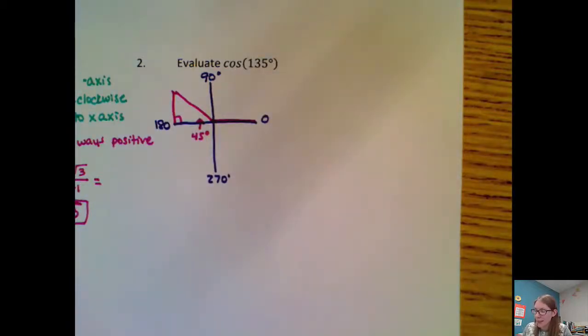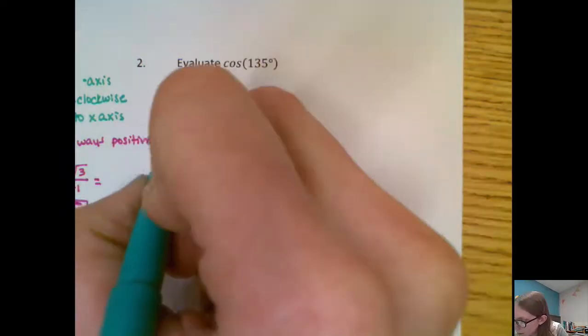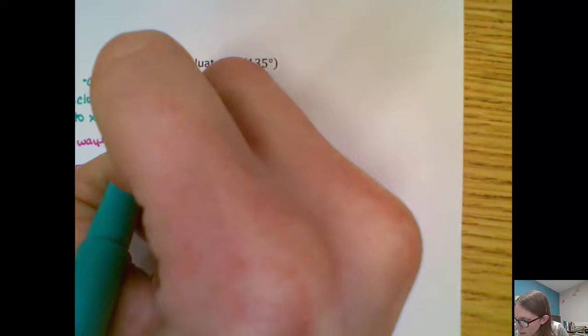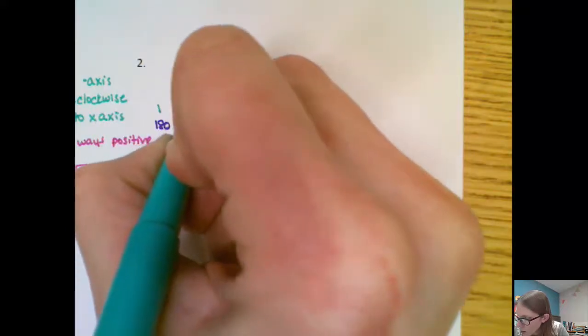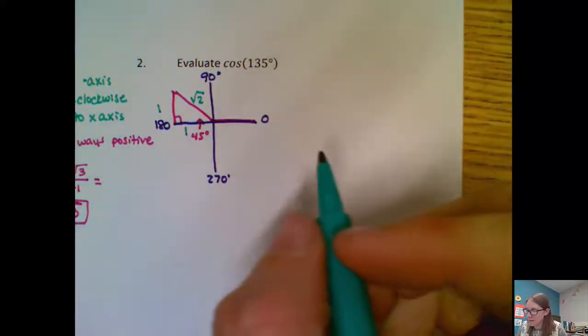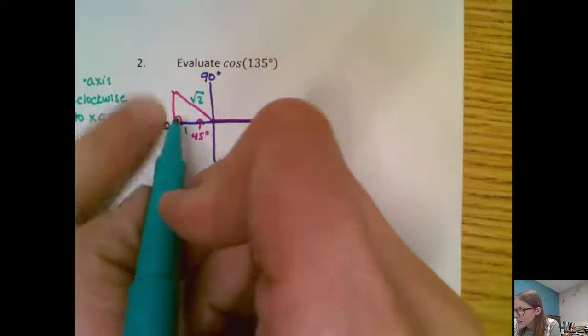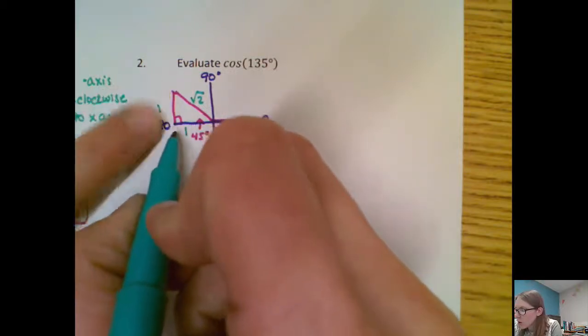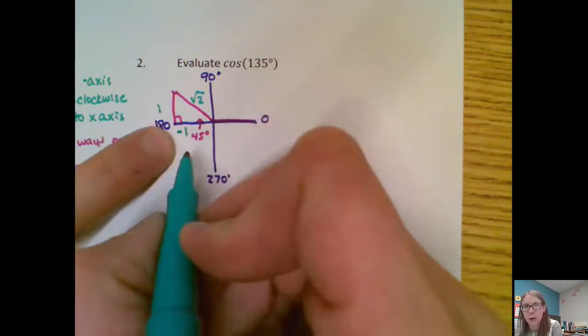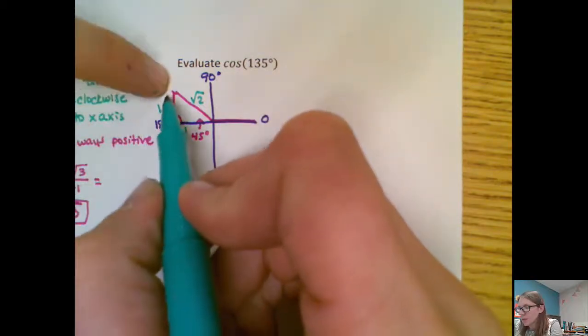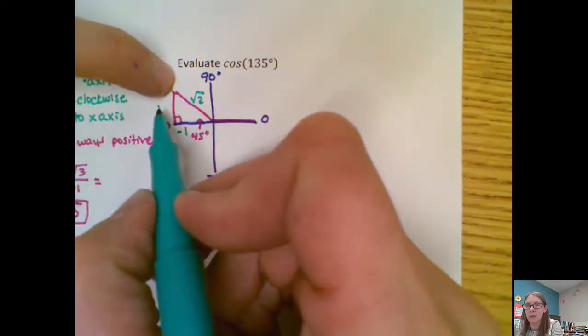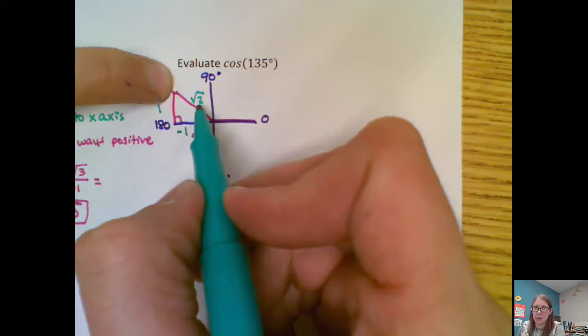If I label my side lengths here, my special right triangle relationships, this length is 1, 1, and the square root of 2. Since we're over to the left here, though, I'm going to call this a negative 1. We're above the x-axis, so this is positive 1. Hypotenuse is always positive.